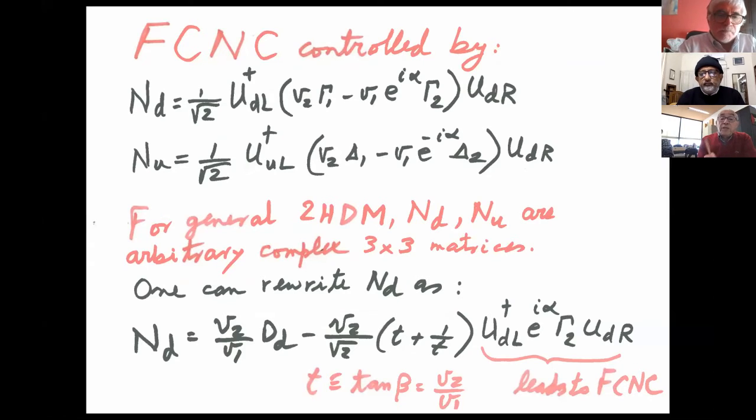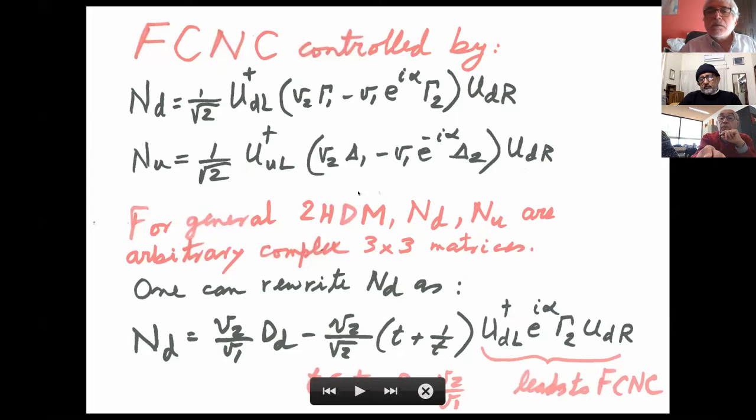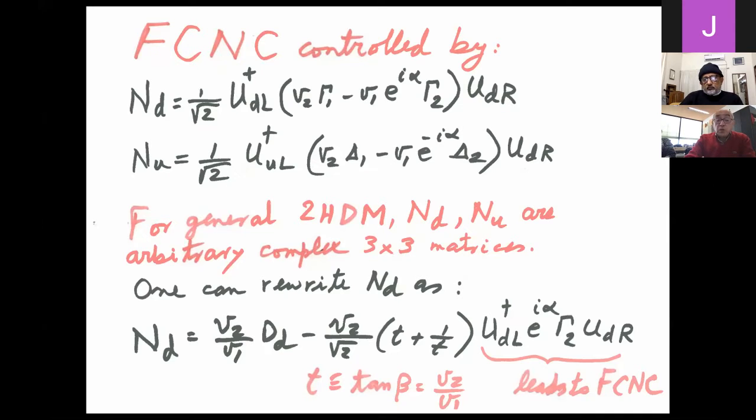You recall that VCKM is not UDL, is not UUL, it is the difference between the rotations on the ups and the downs. So how could this be a function only of this difference between ups and downs in the left sector? How are we going to get rid of these matrices UDR and UUR? This will be very difficult, I would say almost impossible, right?